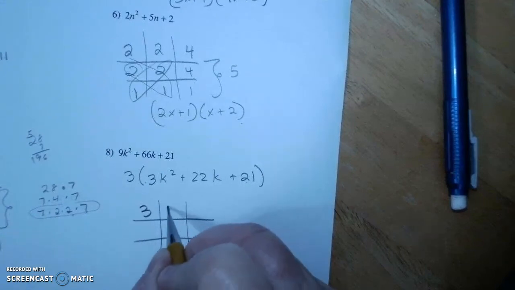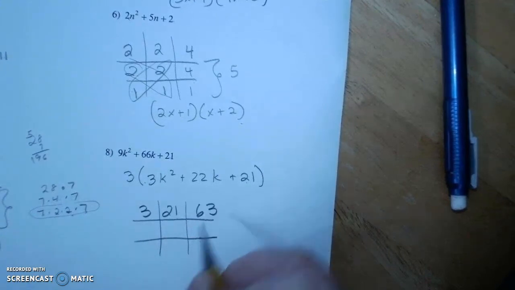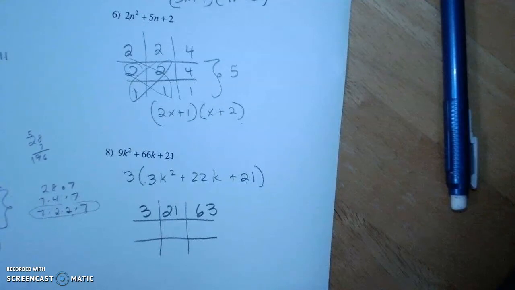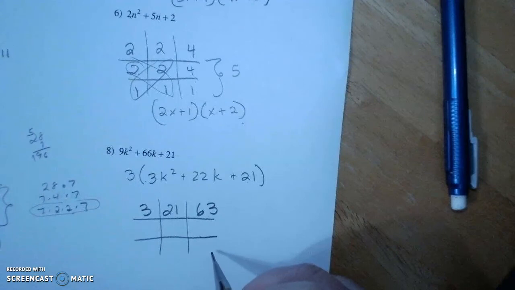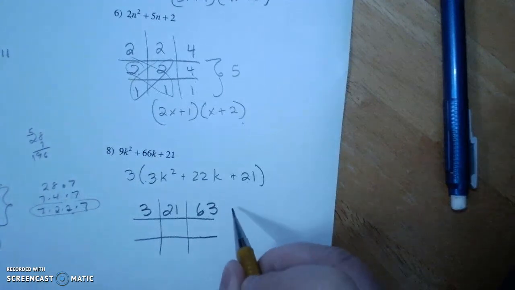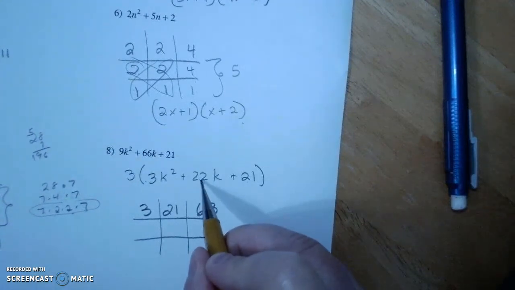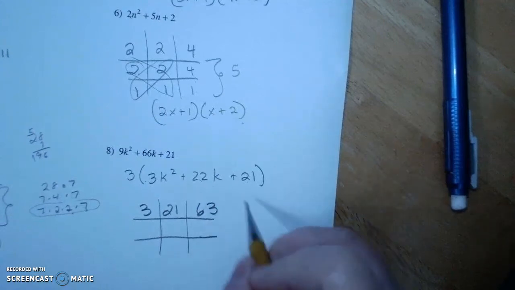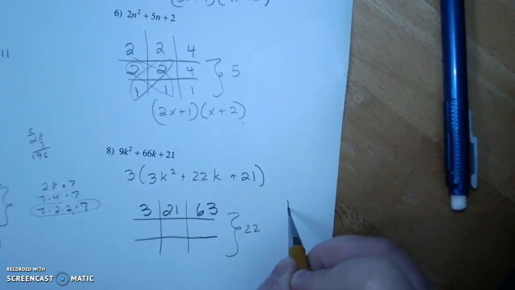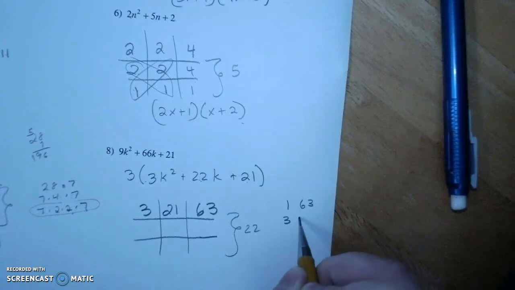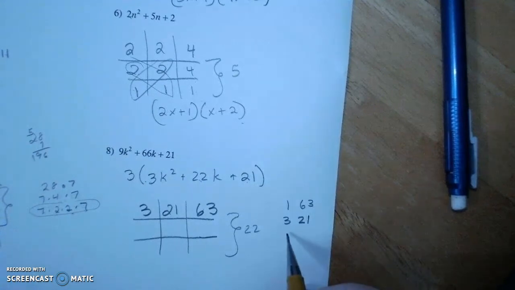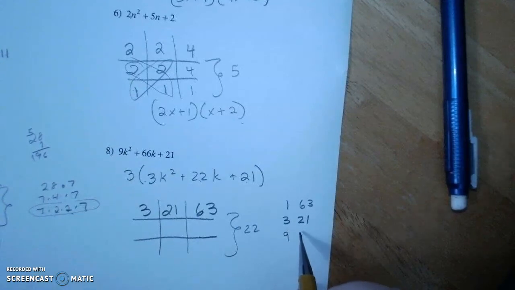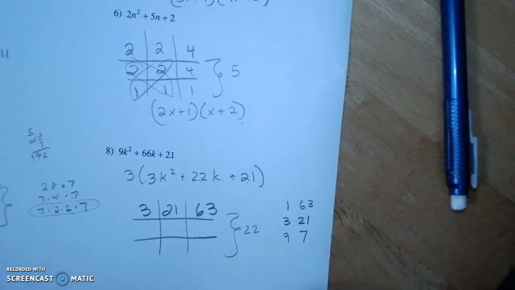So that's 3, 21, 63. And I need to get to 22. That's 1 and 63, 3 and 21. 9 and 7.